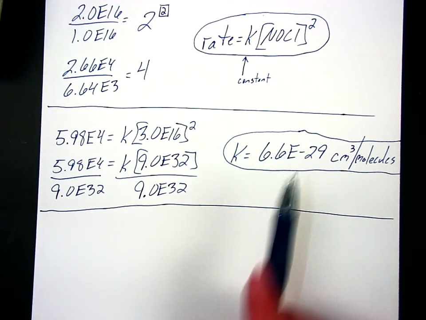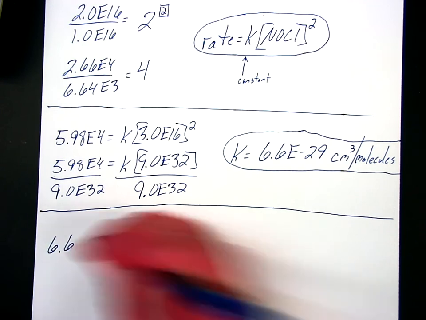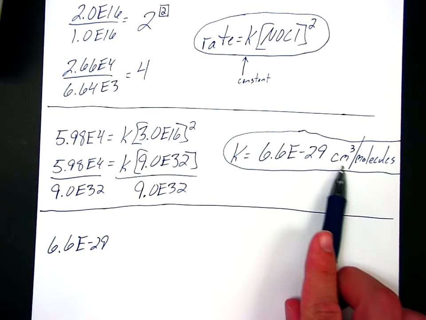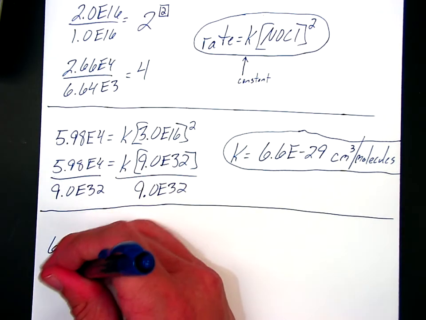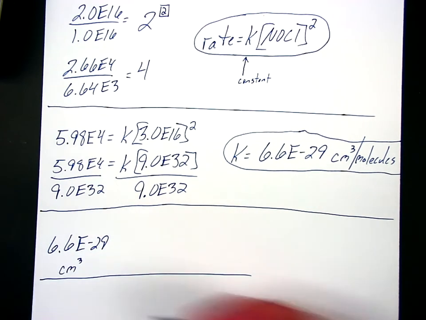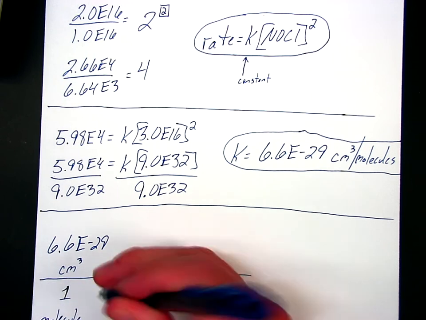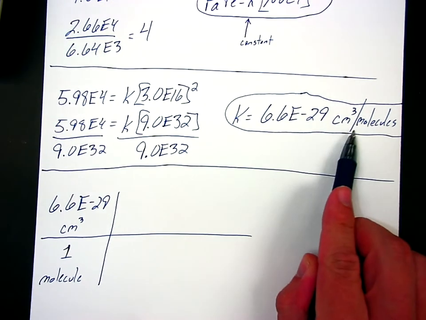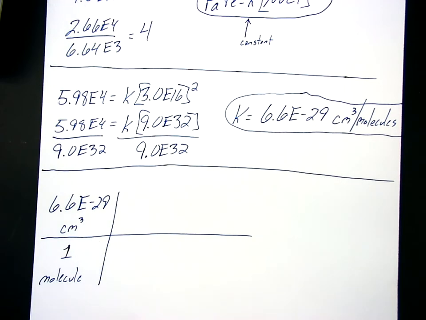So I'm going to take my given value here of 6.6 E negative 29. And look, that's centimeters cubed per molecule. It's this many centimeters cubed for every one molecule. Remember that line right there in the units is this line right here in the dimensional analysis.